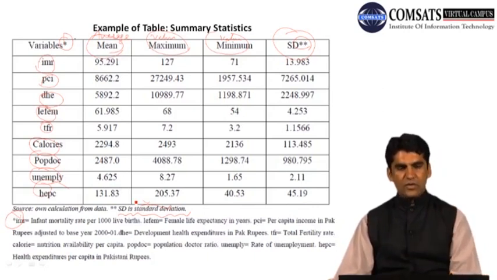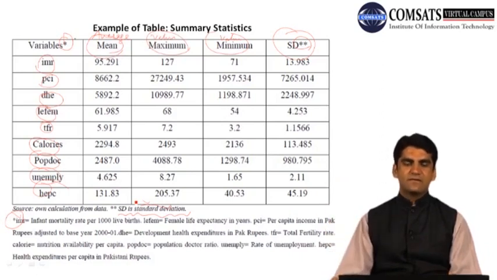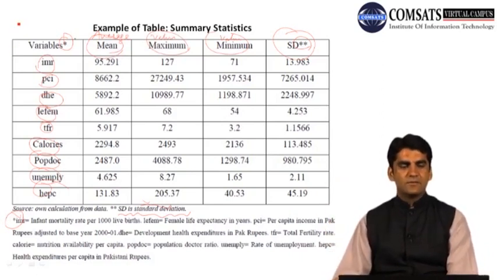So now see in the table what is missing from the criteria we have set. Number 1, the title is missing. Number 2, the source is given. Number 3, ambiguous terms are explained. And the unit of measurement is also given.